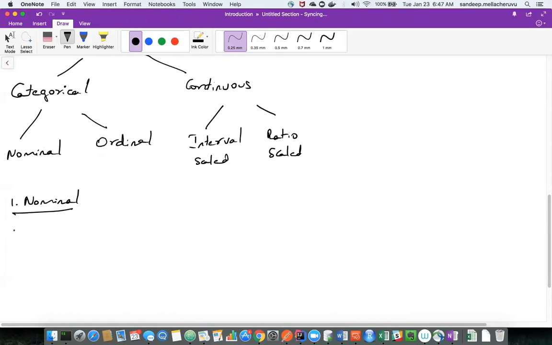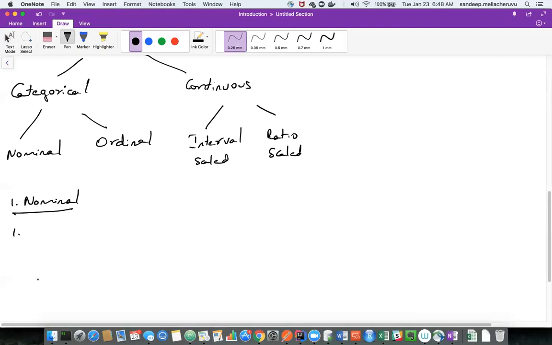Nominal is more like a pure male-female kind of variable, or Hindu, Christianity, or email. Email actually has only two categories, right? Either it is delivered or not delivered to the person.